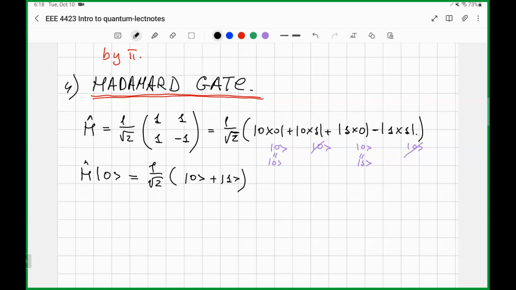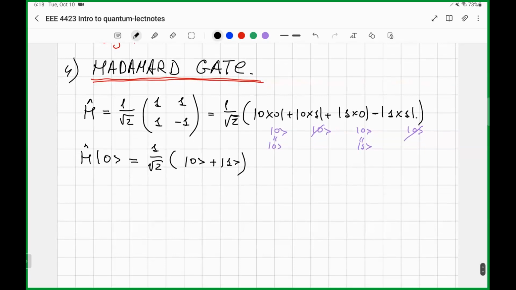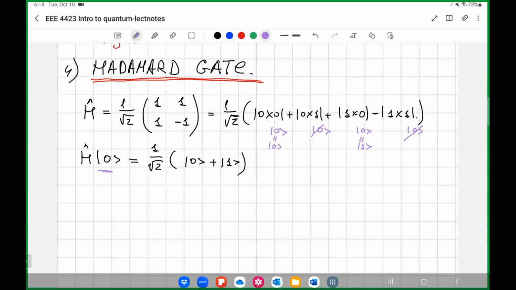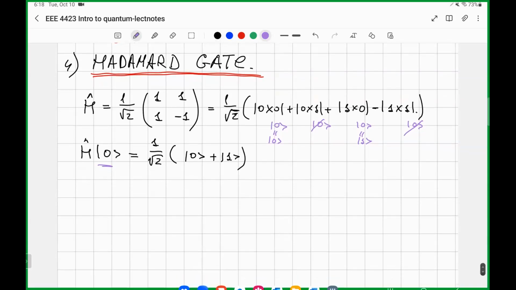Okay, and this is pretty interesting. Before, in the input of this gate, I have the state 0, but on the output of this gate, I've got the superposition of two, state 0 and state 1.